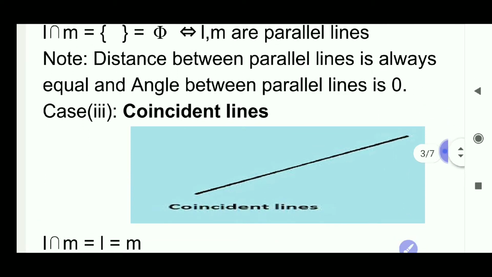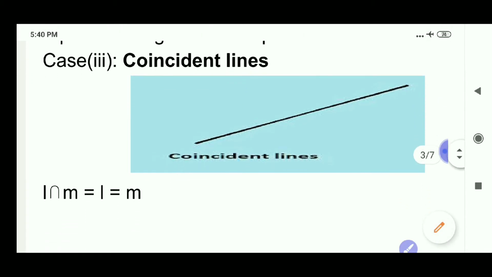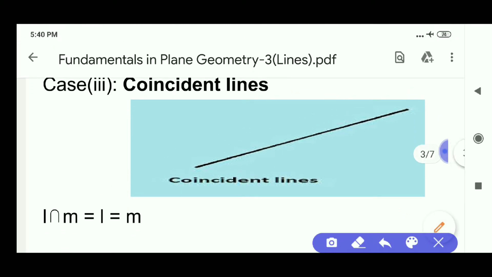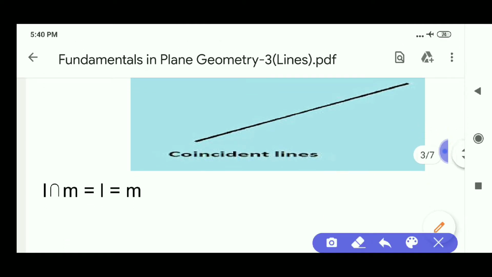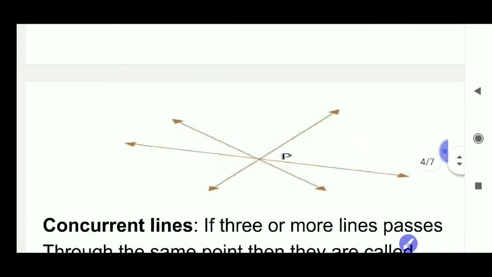Now the third case, coincident lines. That means L and M fall one on the other. That means L intersection M is equal to L, which is equal to M. This is the third case.